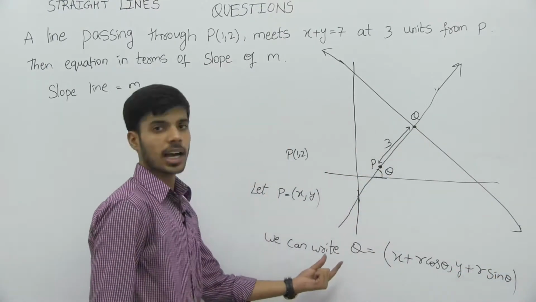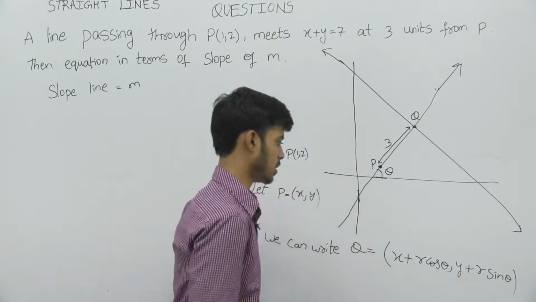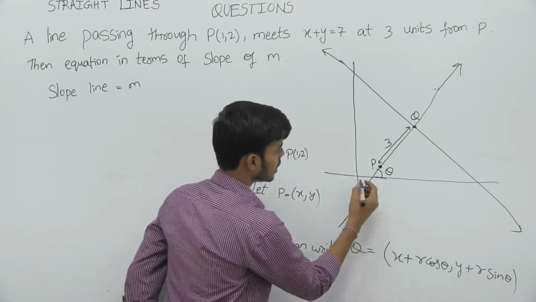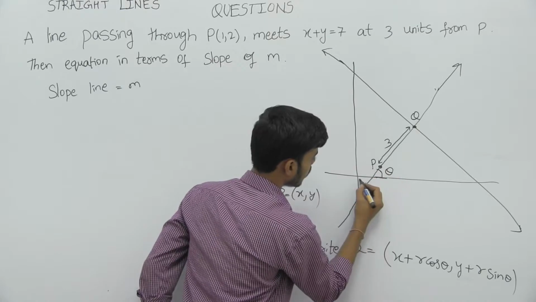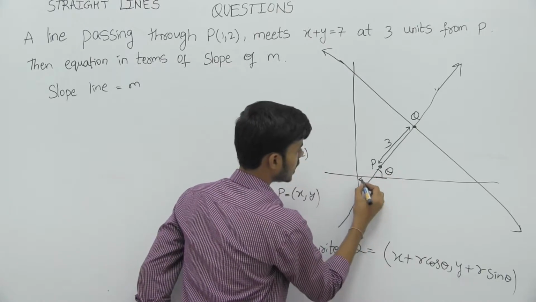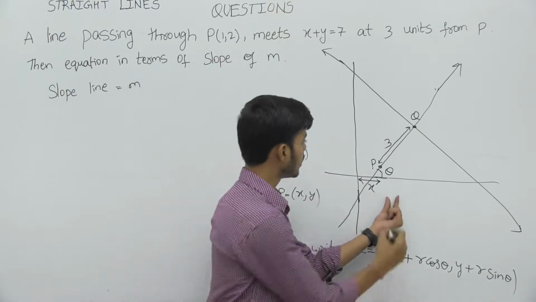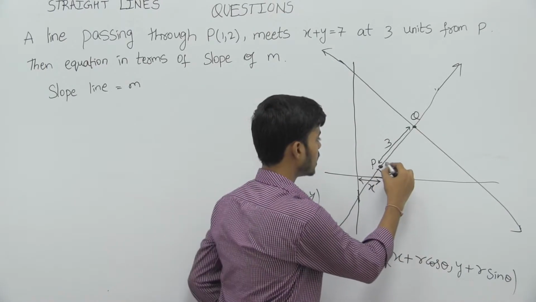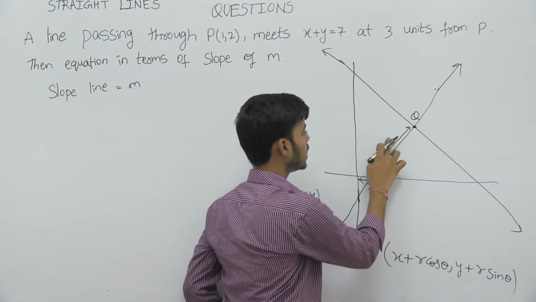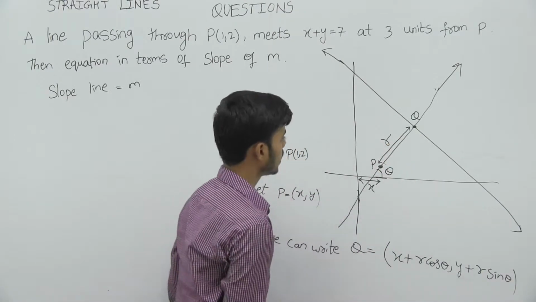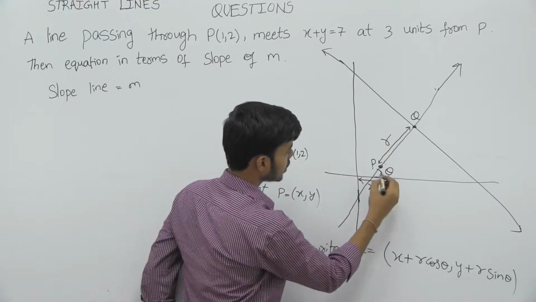So let's see how we can conclude this. This point is x comma y, so it is already at x distance, and we assume this 3 to be r and this angle is theta.